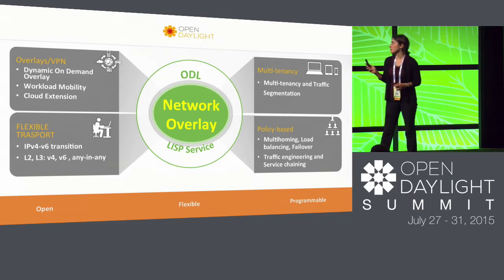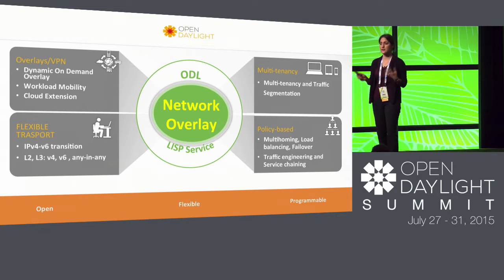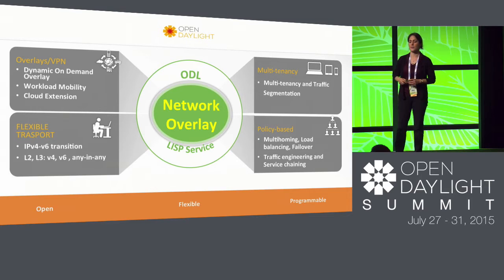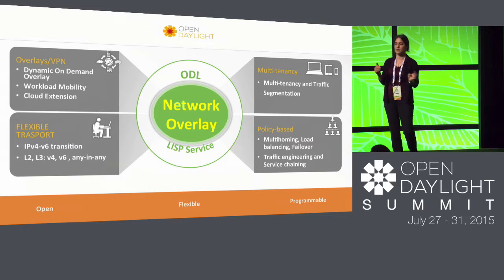Another use case is multi-tenancy. Multi-tenancy, traffic segregation and traffic segmentation are some of the main use cases for network virtualization. And Lisp also natively supports that, be it VNI for VXLAN and tunnel ID.